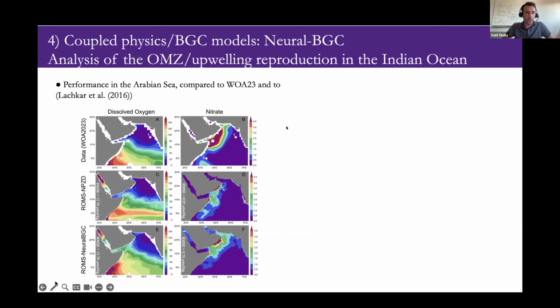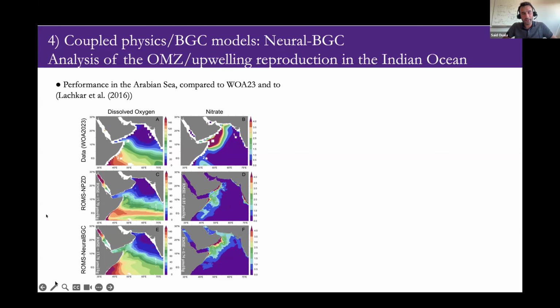So in the Arabian Sea, we compared the climatological distribution of the observations, taken from World Ocean Atlas, to the standard ROMS NPZD simulation and to the hybrid ROMS Neural-BGC model. On the left, we have dissolved oxygen, and the horizontal layer here is taken at 200-meter depth so that we can evaluate the oxygen minimum zone. And for nitrate, we are plotting at the surface so that we can see if there are nutrient blooms around the Gulf of Aden, for example.